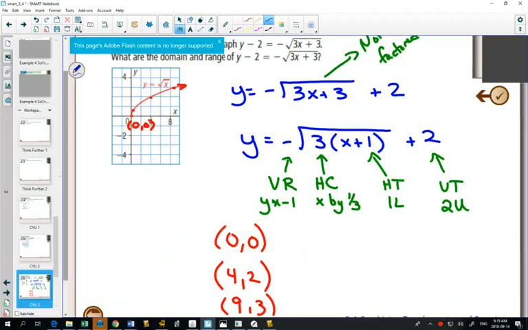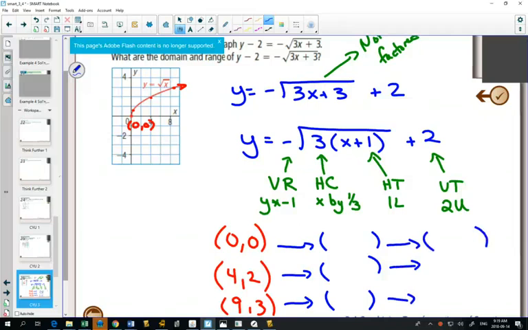When setting up your transformations, we do one set of arrows for all of our stretches and one set of arrows for all of our translations. Going from left to right, we have y by negative 1 and x by 1/3. Those are all our stretches, compressions, and reflections.